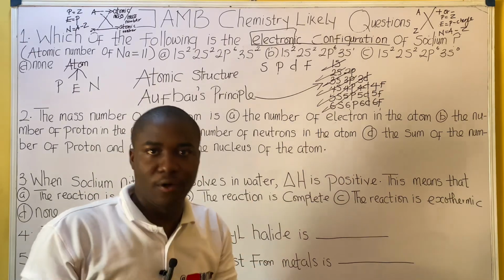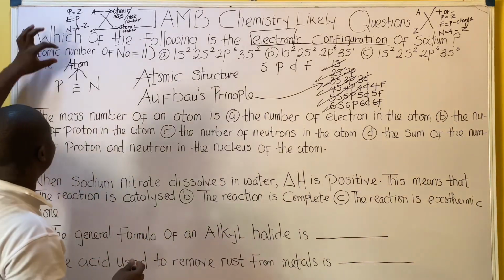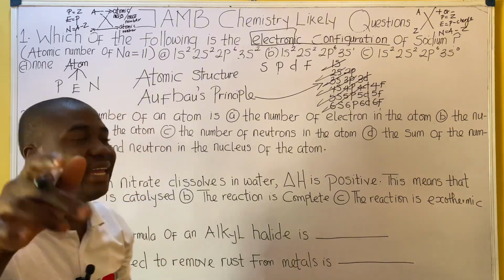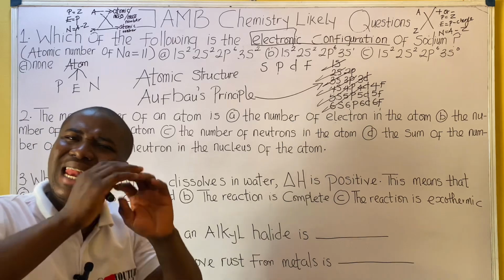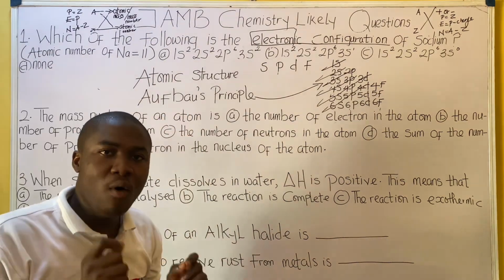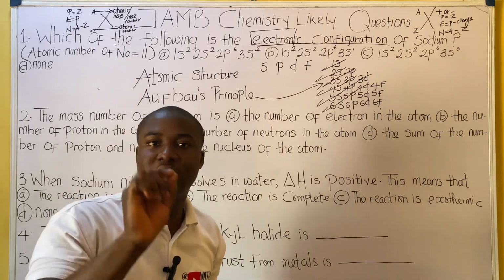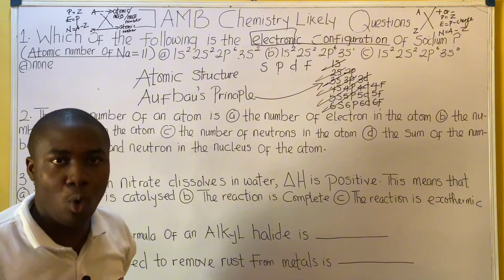So moving further, they gave us a very key information in this question, and the information is the atomic number of sodium. So they gave me the Z for sodium. It is very, very easy.